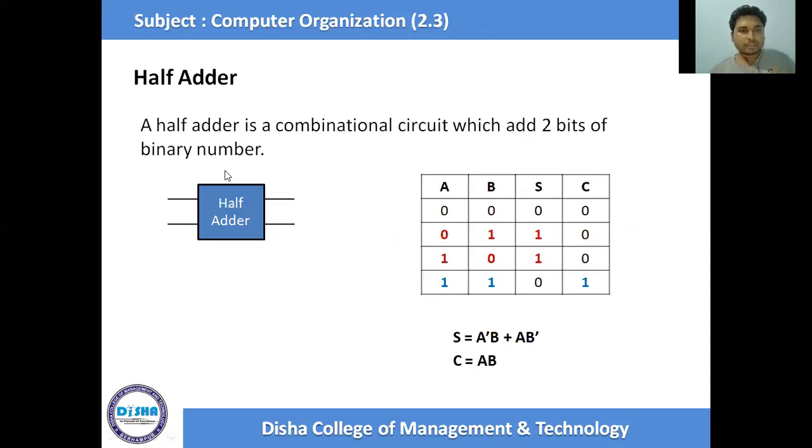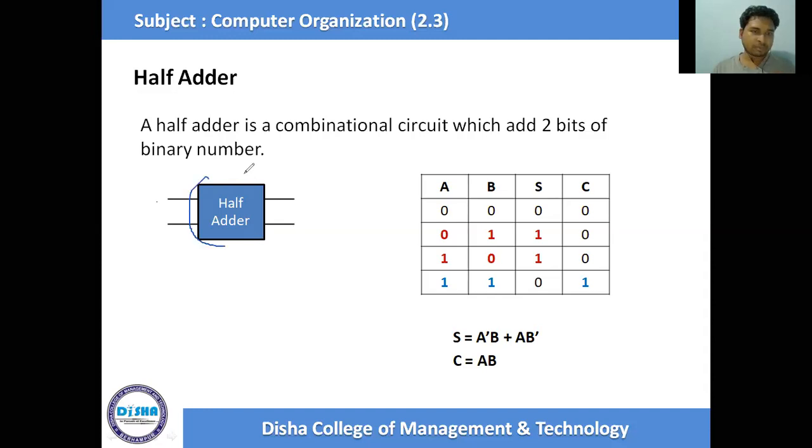A half adder is a combinational circuit which adds 2 bits of number. In the last slide I said one number is A, another number is B. This is the block diagram of the half adder, and it is a combinational circuit. It means the output only depends on the current input value. A is my first input and B is the second input terminal.